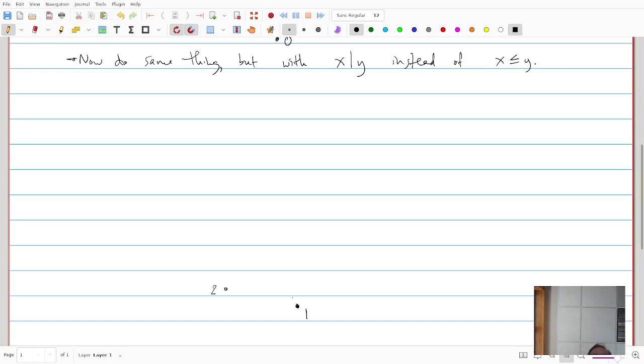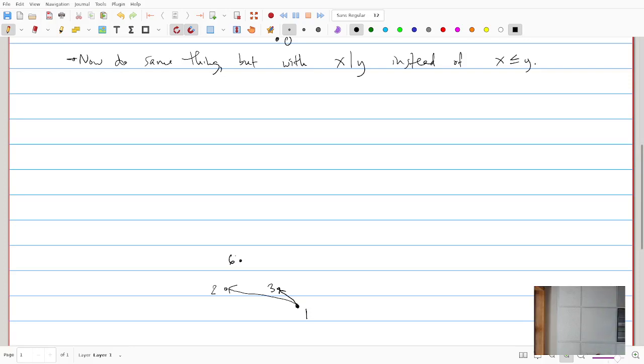Okay, well, why am I drawing it the way I'm drawing it? Well, I kind of have an idea what it's going to look like here. So 1 divides 2, right? So I put an arrow from 1 to 2. I mean, 1 divides anything, right? I'm going to put 3 here. 1 divides 3.